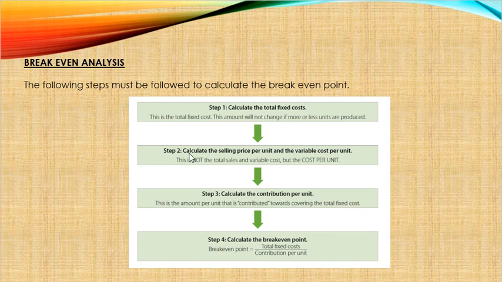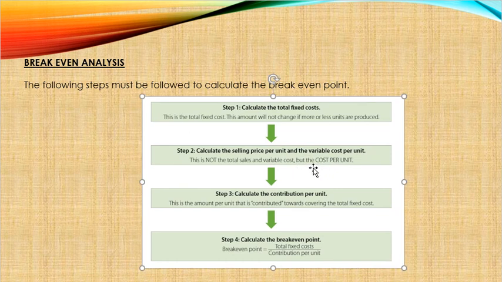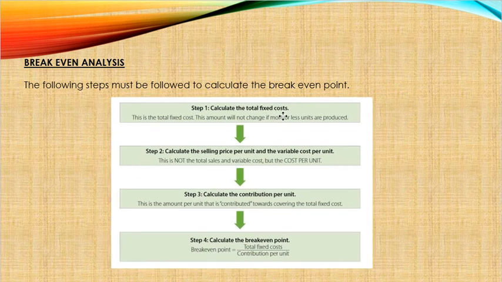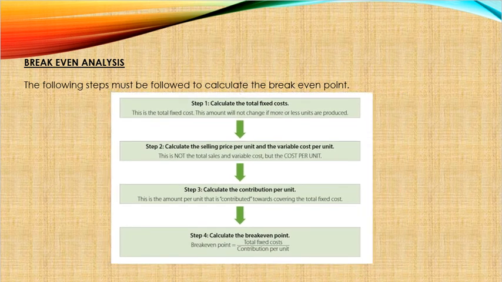Then you must calculate the selling price per unit and the variable cost per unit. Now, very important, it's not the total sales and the total variable cost that you have here. You have to work out what is the cost per unit. This is a very important part here. Right.